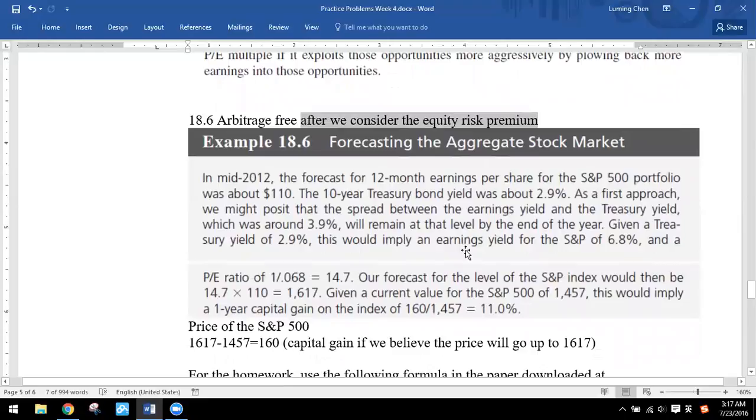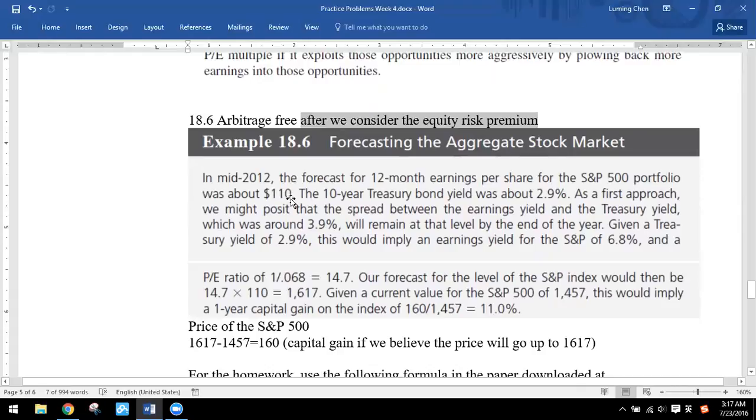So if we use earnings yield for the S&P 500 of 6.8%, so 6.8% is earnings over price, which is the earnings yield. And the P/E ratio should be the reciprocal of the earnings yield. So the P/E ratio or the multiple should be 14.7.